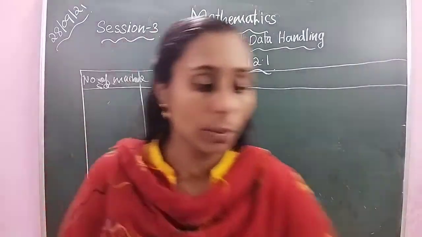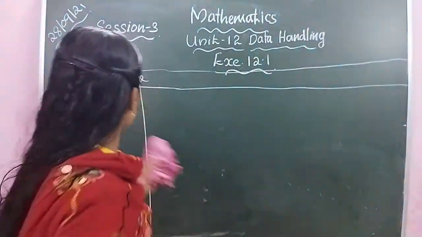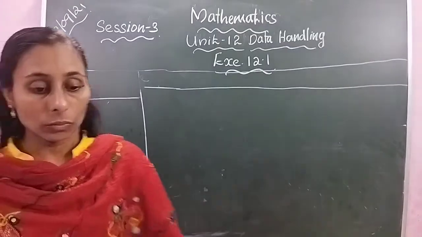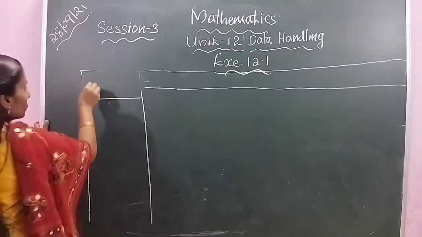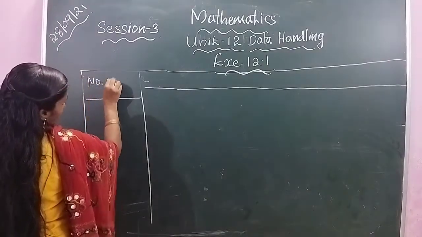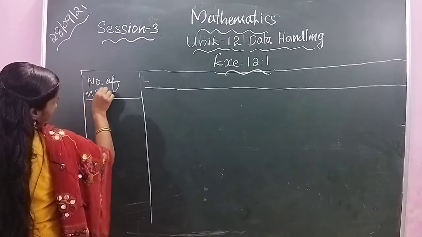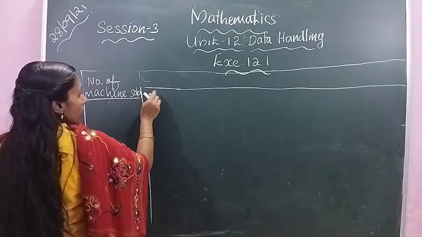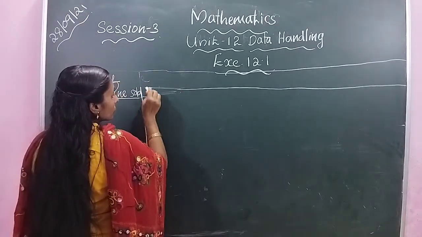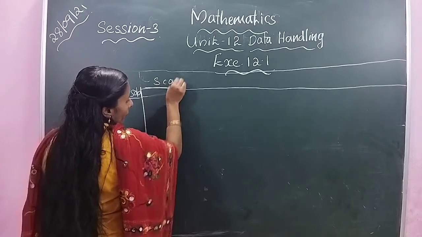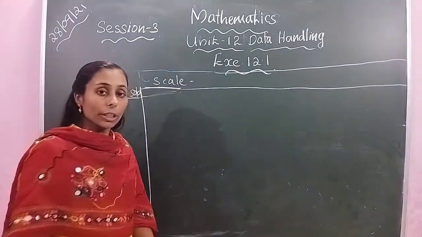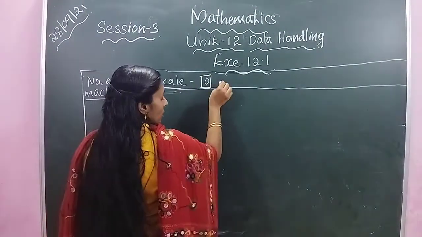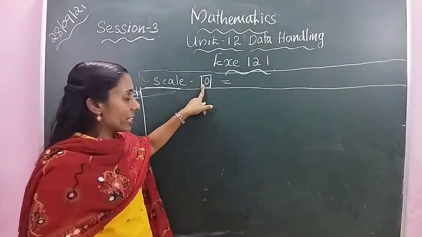This way we can write. What will be the scale? Already the scale has been given, so we need not change it. The same scale we can use here: one symbol is equal to this symbol, which I am going to give.